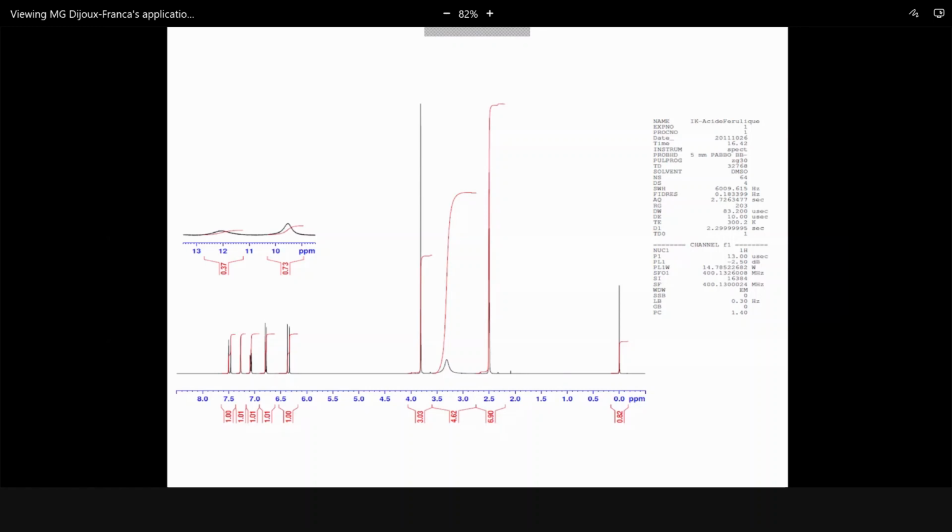Okay, so let's go to another exercise. So I don't know if you have taken some time to look at this. What can you tell me on this spectrum? You just tell me and I write.